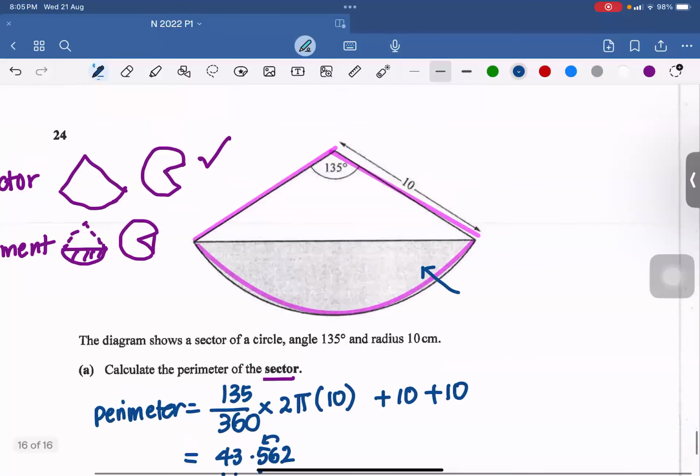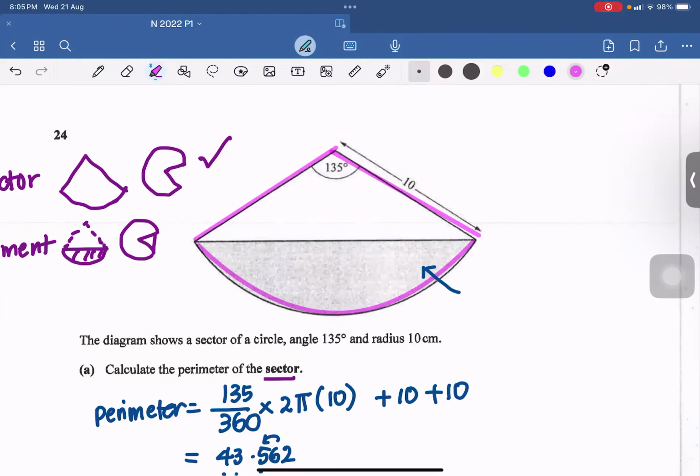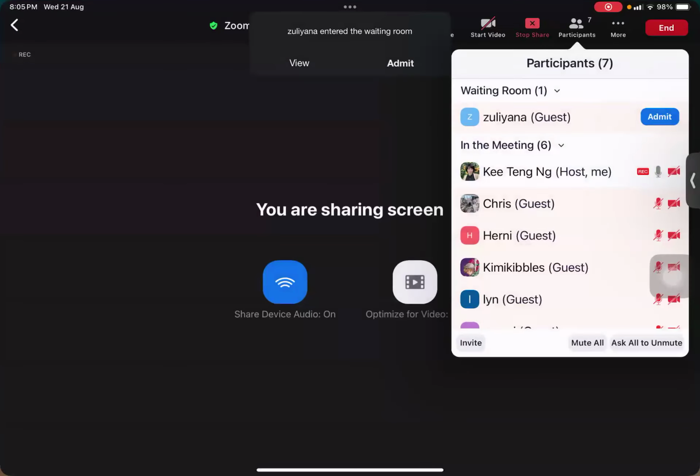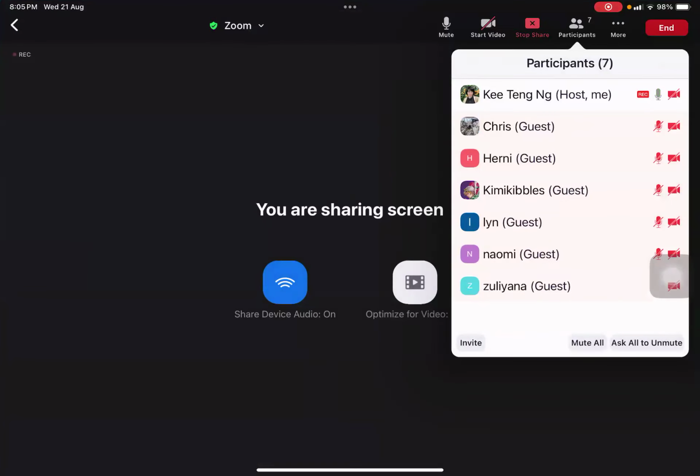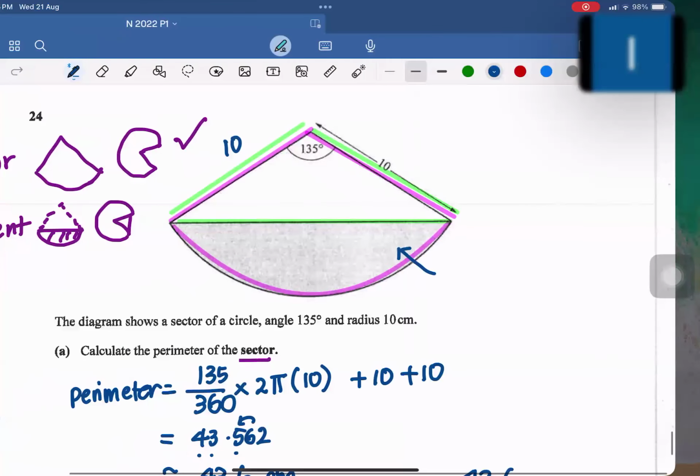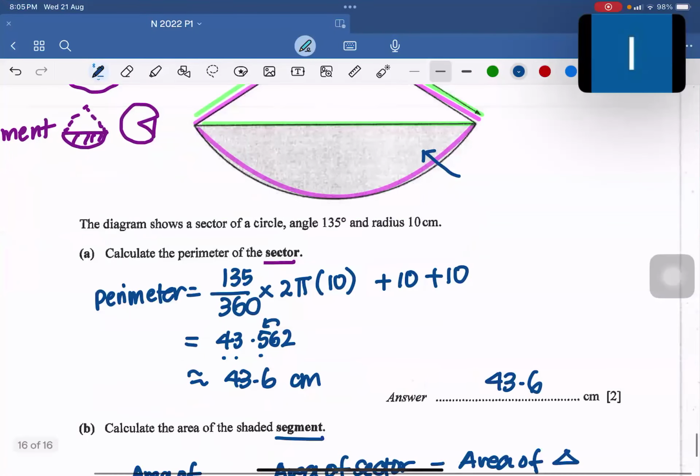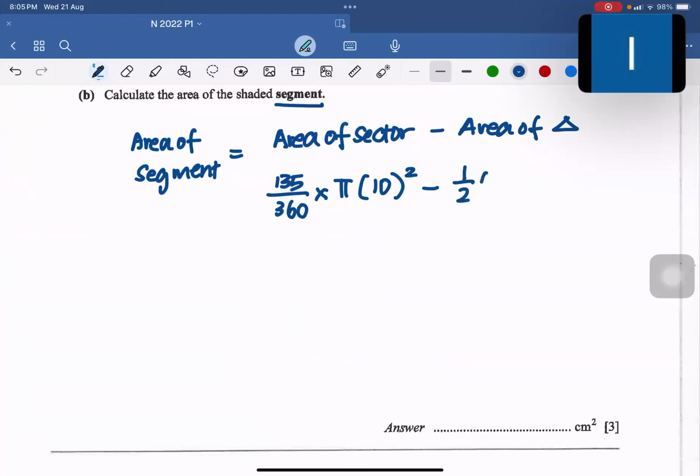What is another way to find area of triangle other than half times base times height? You really can't use half base height, there's no perpendicular height, right? So what? Correct. Half AB sine C. Okay, so we have to use area of triangle is half AB sine C, right?